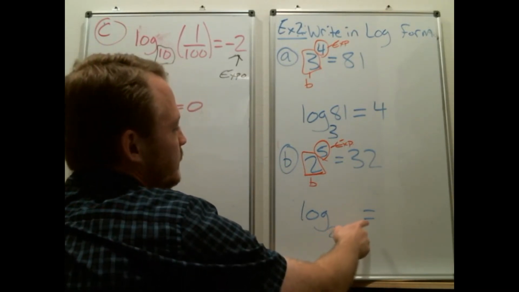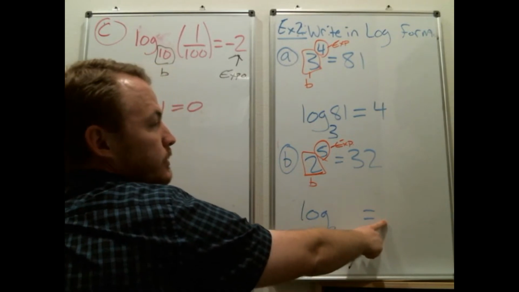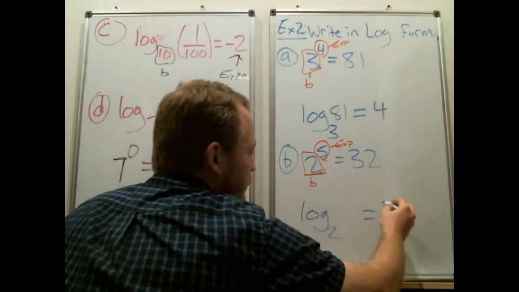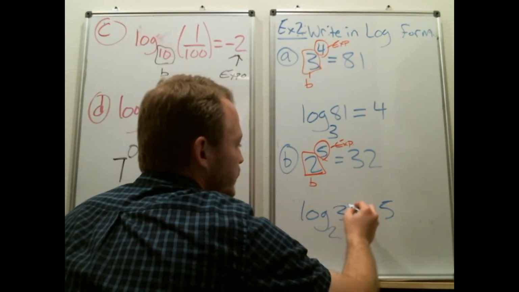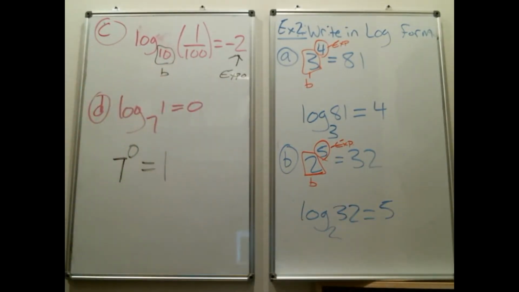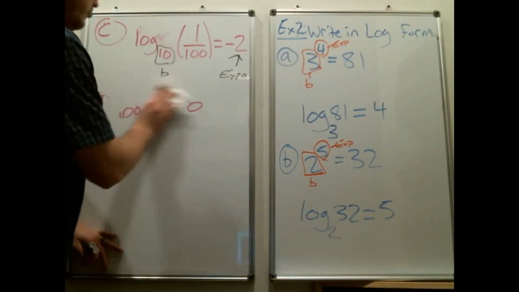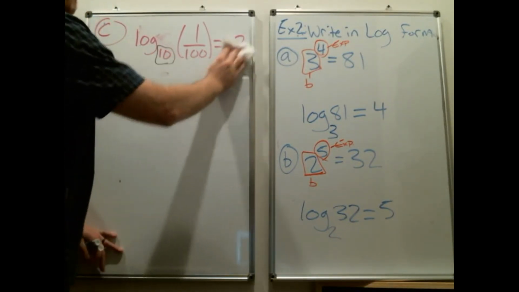I forget, this is the exponent. It's always by itself when log's in. So the exponent's 5. And what's left over is that 32. Log base 2 of 32 is equal to 5. Alright, let's try one more, and then we're going to move on.